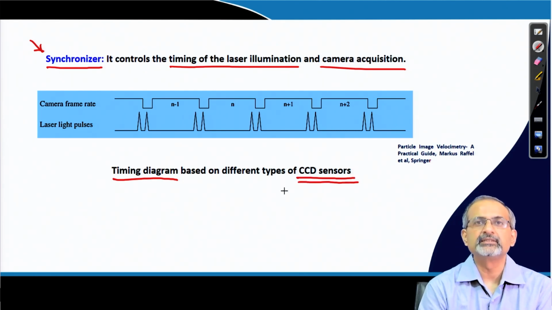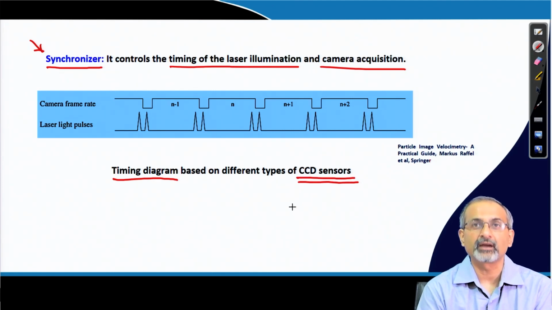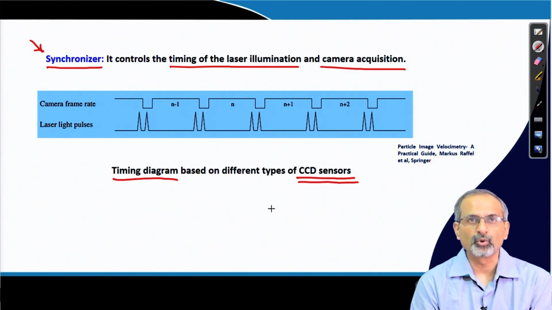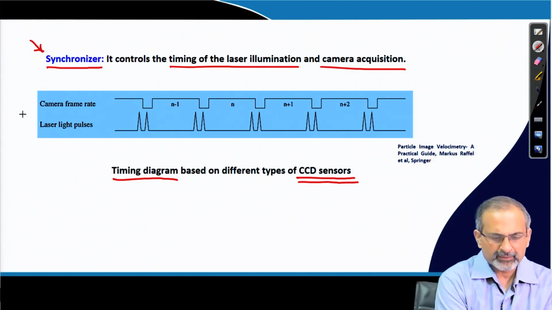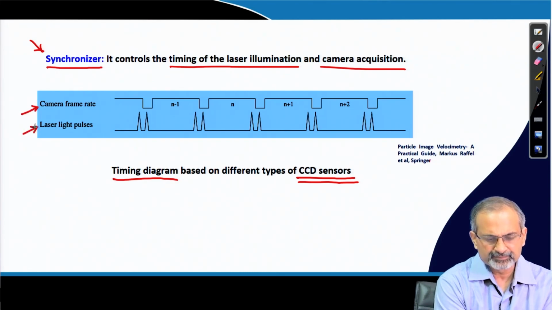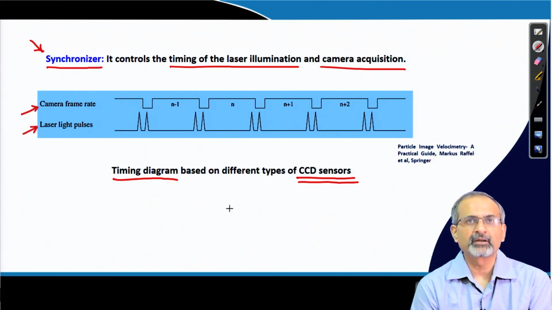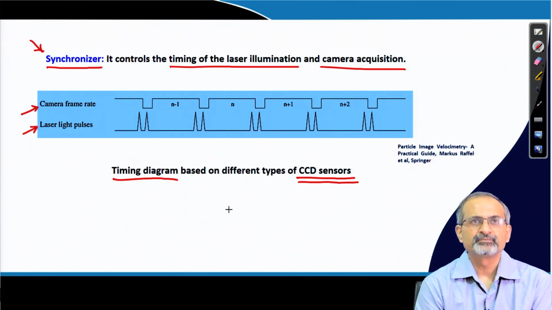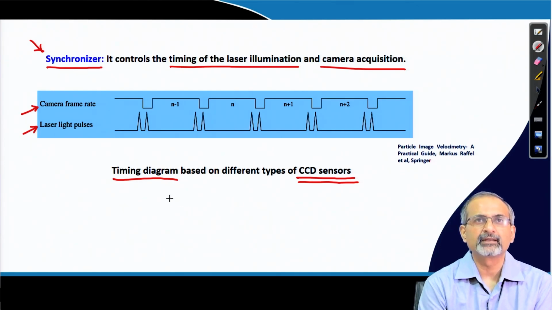So, different kinds of CCD sensors, for example, use different kinds of timing diagrams, not that you can change the entire configuration on your own, and you can thereby end up setting a profile for the camera frame rate acquisition and a profile for the laser light pulses.